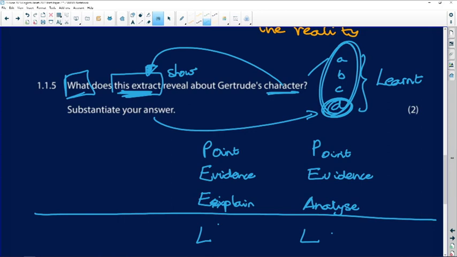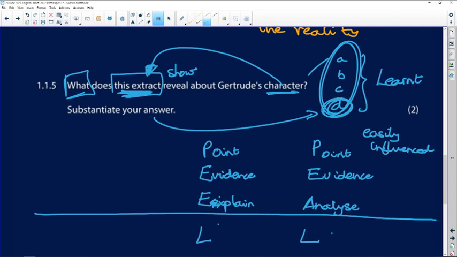So you're going to make a point about Gertrude's character. So you want to say that Gertrude is, let's say, easily influenced. She's tempted very easily. She cannot resist temptation, something like that.